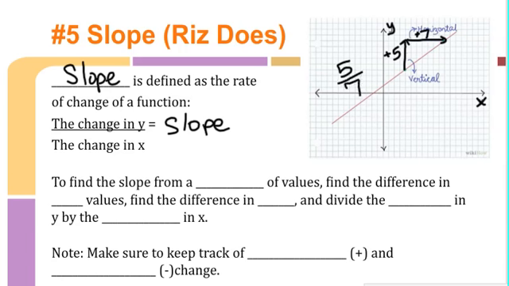Okay, but let's look at a few more examples. To find the slope from a table of values, find the difference in y values, find the difference in x, and divide the change in y by the change in x.